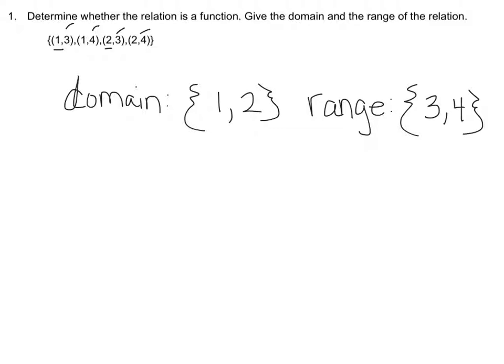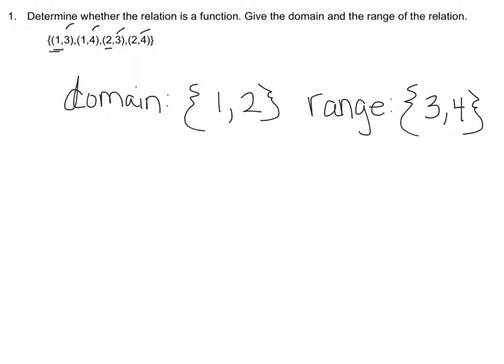Now we want to determine if this relation is a function. The definition of a function says that each member of the domain corresponds to exactly one member of the range. That means that no two ordered pairs of a function can have the same first component with different second components.